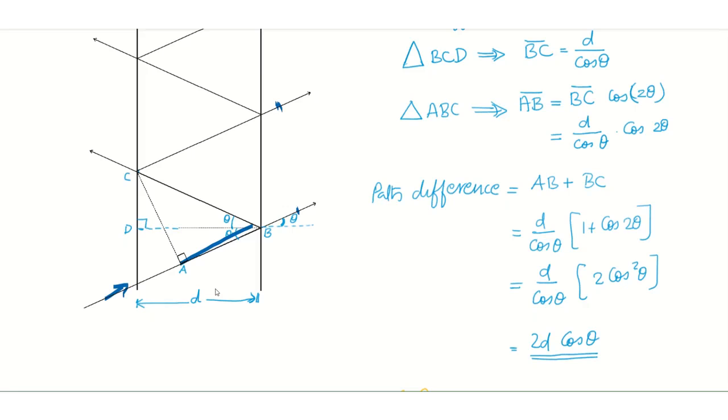Let's say waves 1 and 2. The path difference is AB plus BC. How do we find AB and BC?